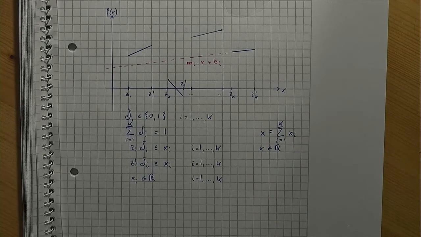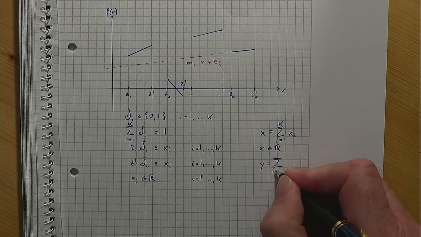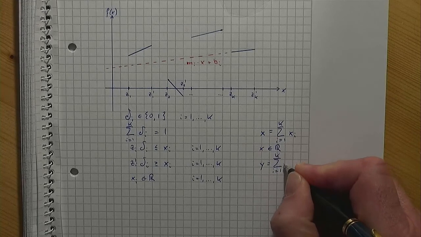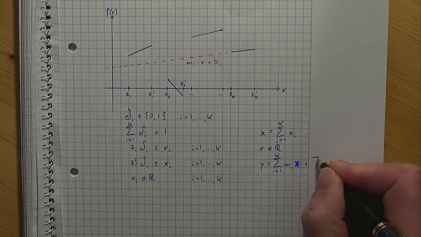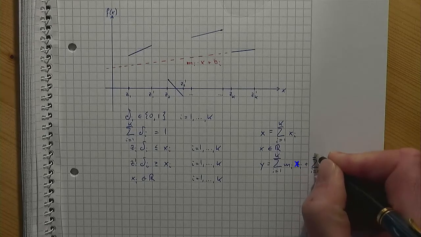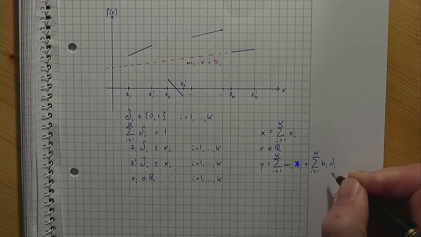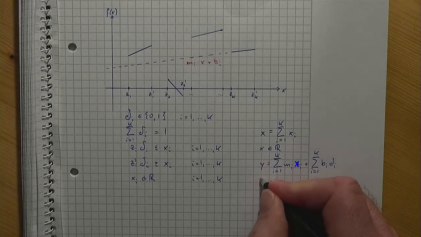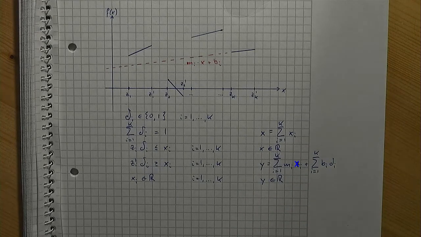The function value, a real-valued decision variable, can now be derived like so. This is a linear formulation for discontinuous piecewise linear functions.